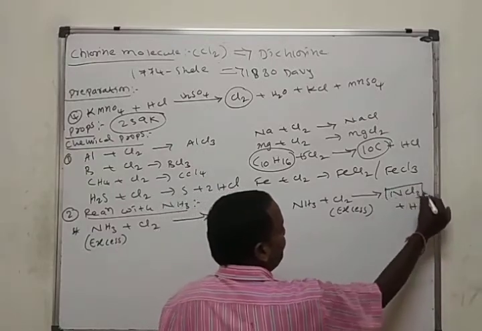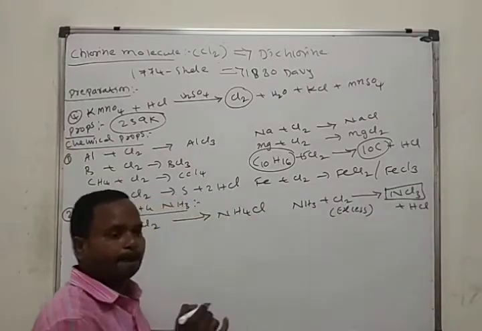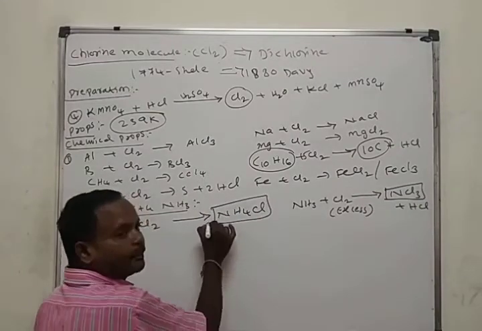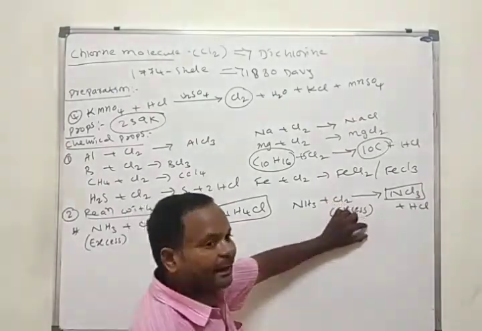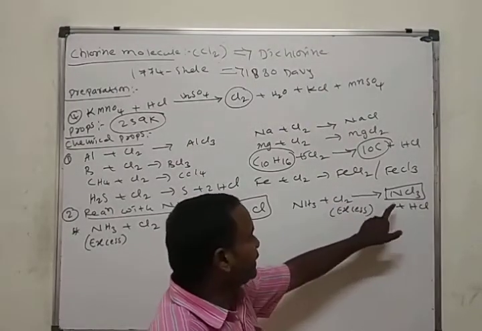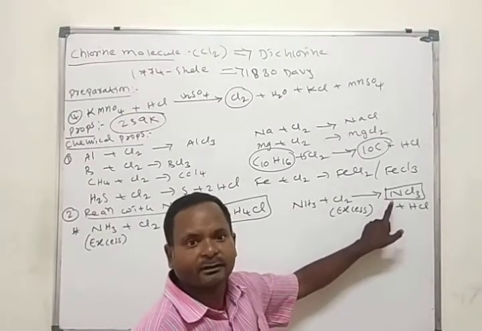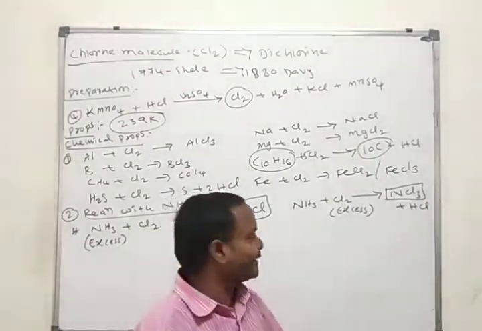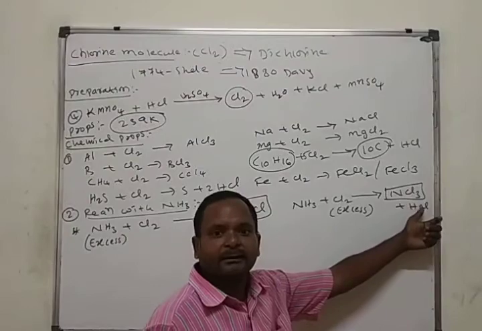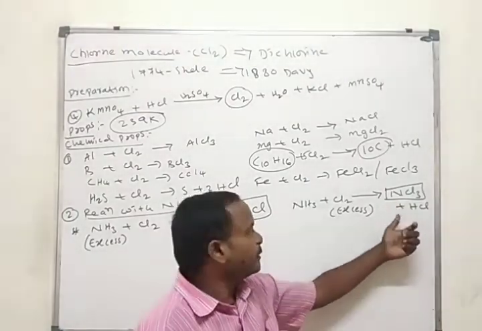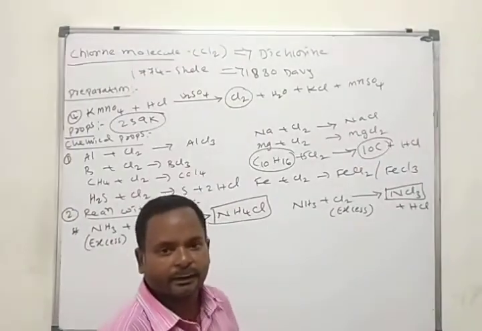That means if you use excess ammonia, we get ammonium chloride. If you use an excess amount of chlorine, we get nitrogen trichloride, because three chlorines will be added.